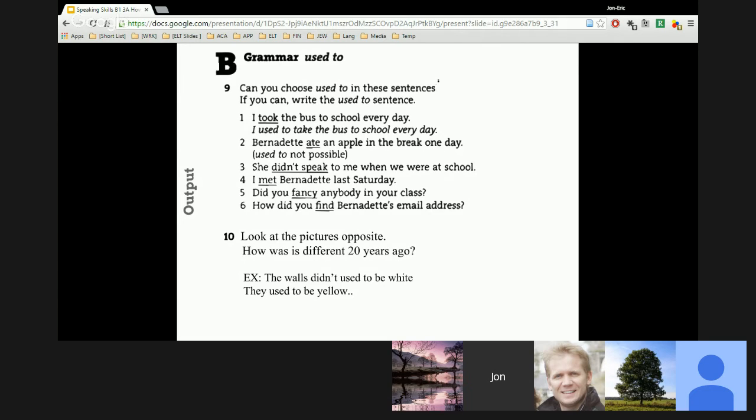All right, Mr. Frederick, try the last one for us. How did you find Bernadette's email address? How did you use to find Bernadette's email address? That doesn't make sense, though. Is finding an email address a repeated action in the anecdote that we read? Did he do it once or did he do it many times?